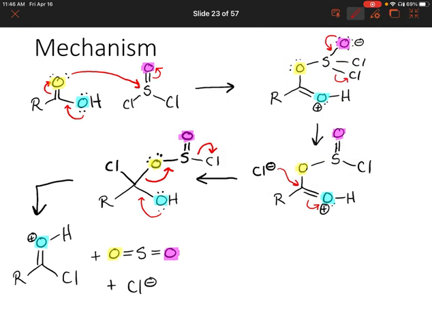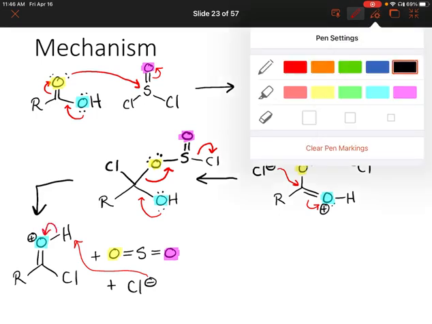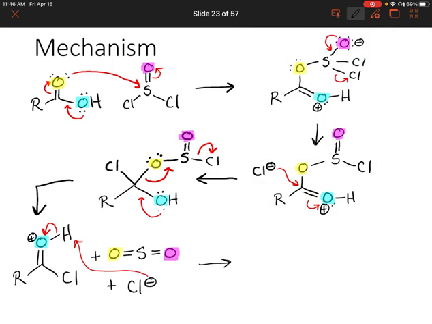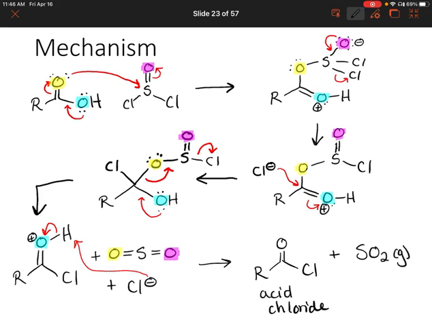And it can grab onto the hydrogen on our blue oxygen. We'll leave electrons behind and neutralize the blue oxygen. And now we have our acid chloride. We have sulfur dioxide gas, which will just bubble away, and hydrochloric acid.